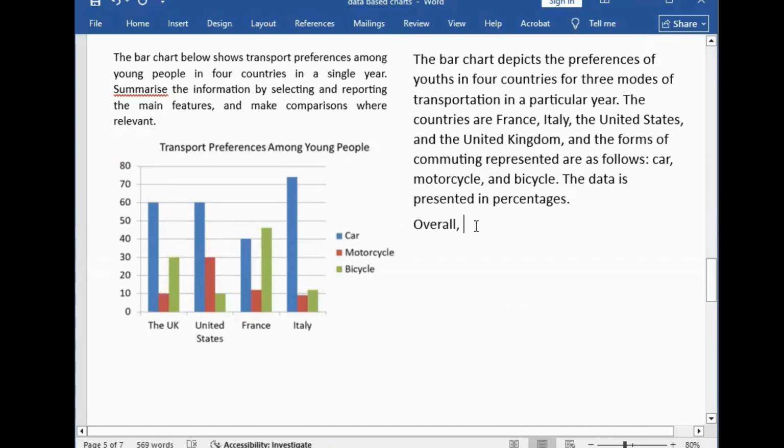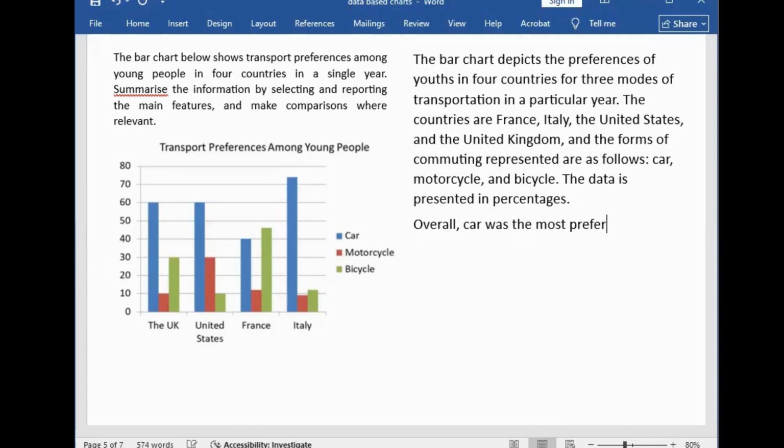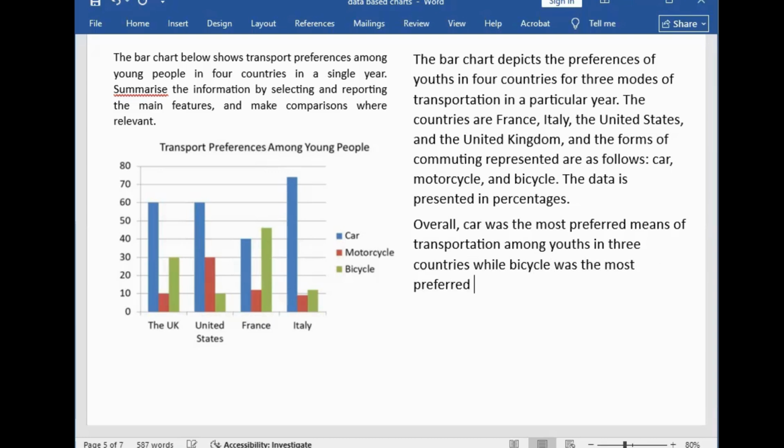Overall, car was the most preferred means of transportation among youths in 3 countries, while bicycle was the most preferred in the fourth. Can you see my overview?